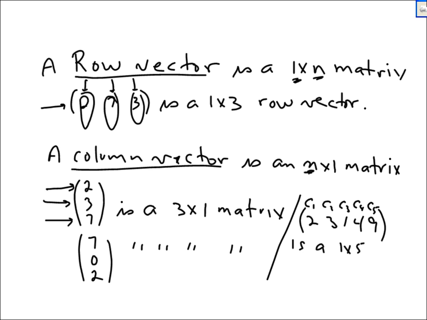This is a 1 by 5 row vector. If it has one row, it is a row vector. If it has one column, it is a column vector.